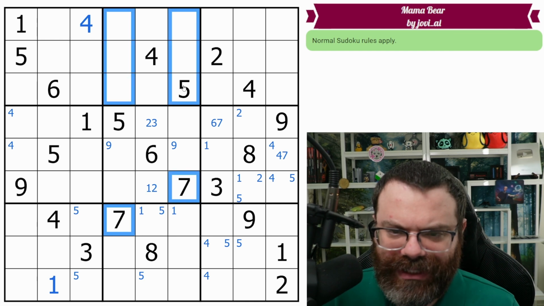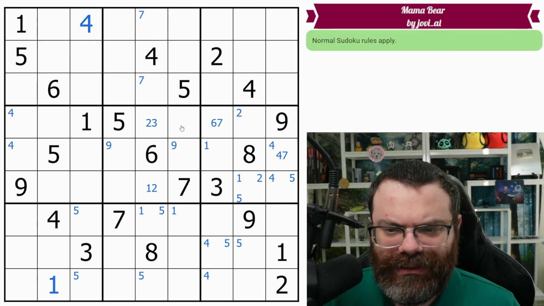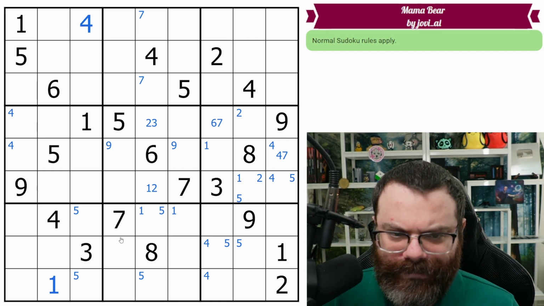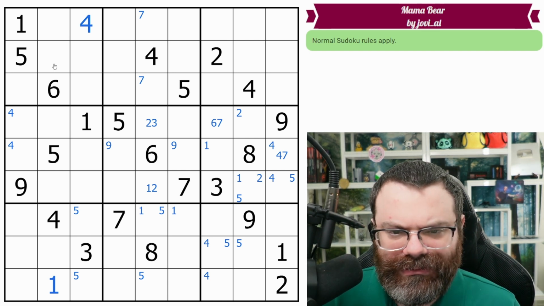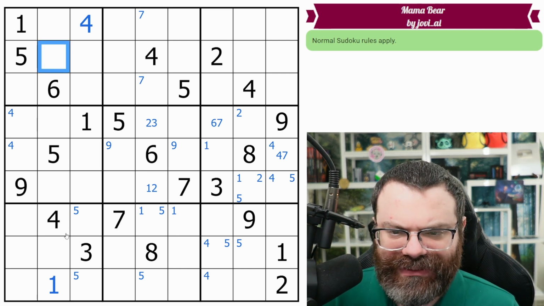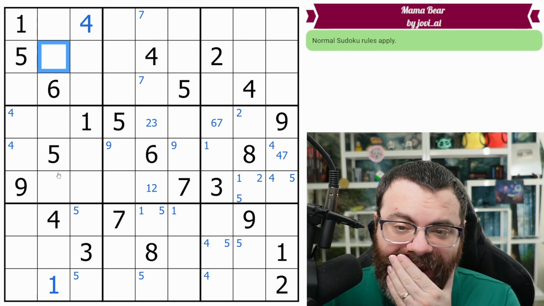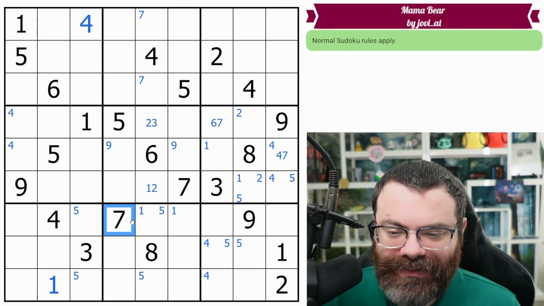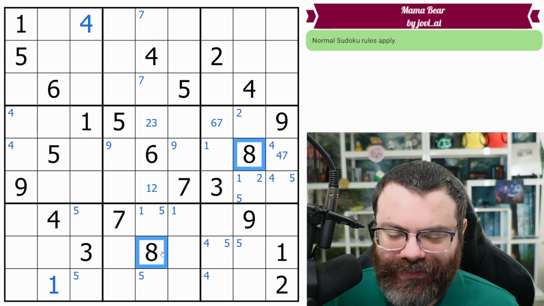Oh, I have 2 7s looking up. Let's mark that. I got the 2 5s. This seems like, let's see, 1, 2, 4, 5, 6, not quite good enough. This can be 3, 7, 8, 9. Maybe I should focus on where the 7, 8, 9s are.